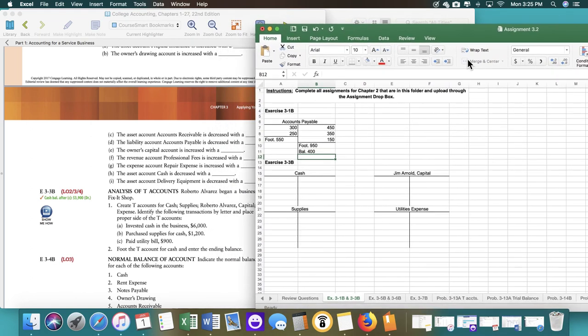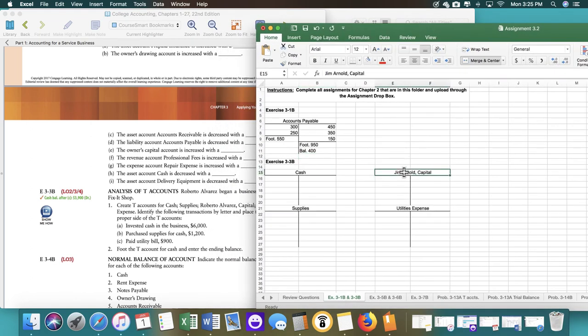For problem B, this would actually be Roberto Alvarez. And so we're going to basically put the amount on the correct side of the T account.